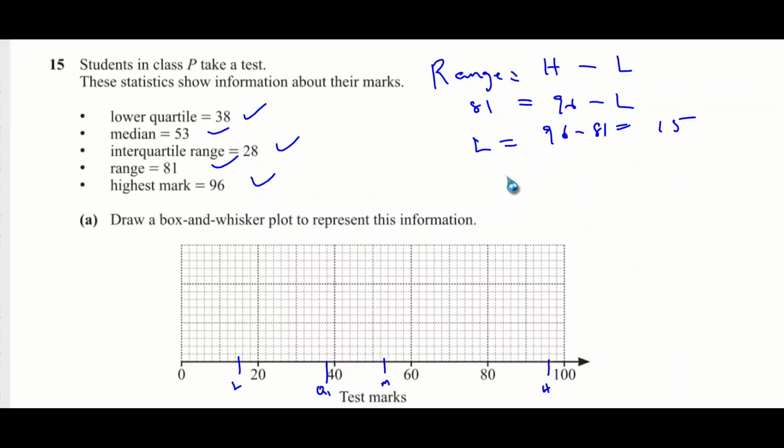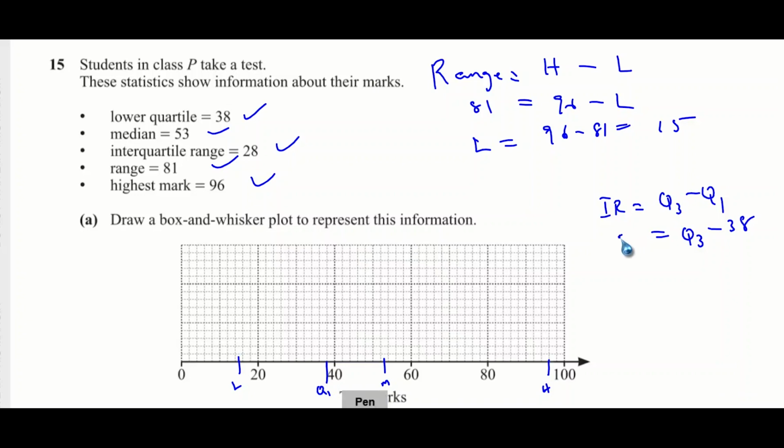We know that the interquartile range is Q3 minus Q1. The interquartile range is given as 28, and Q1 is given as 38.